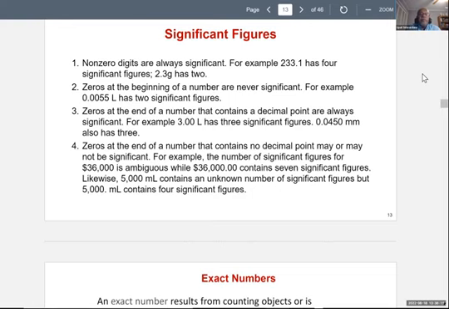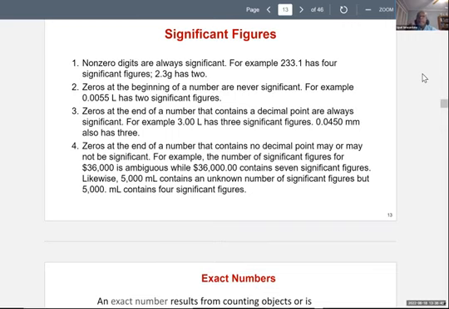First one, if you have a number with no zeros, all numbers are significant. 233.1, all 4 numbers. The last number to the right is the uncertain digit. The uncertain digit is 1.